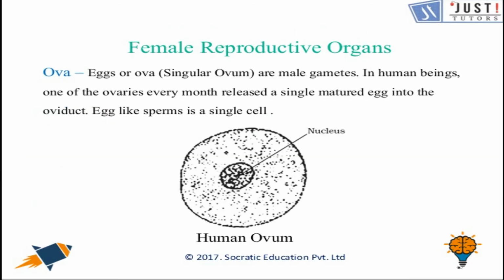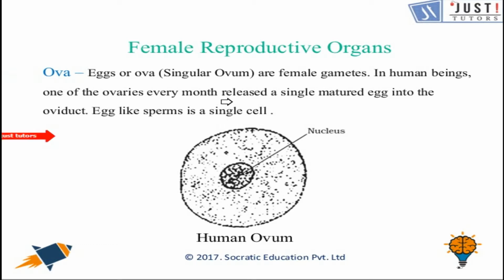Proceeding further, we have another essential reproductive cell called ova. Eggs or ova are female gametes in human beings. One of the ovaries every month releases a single matured egg into the oviduct.